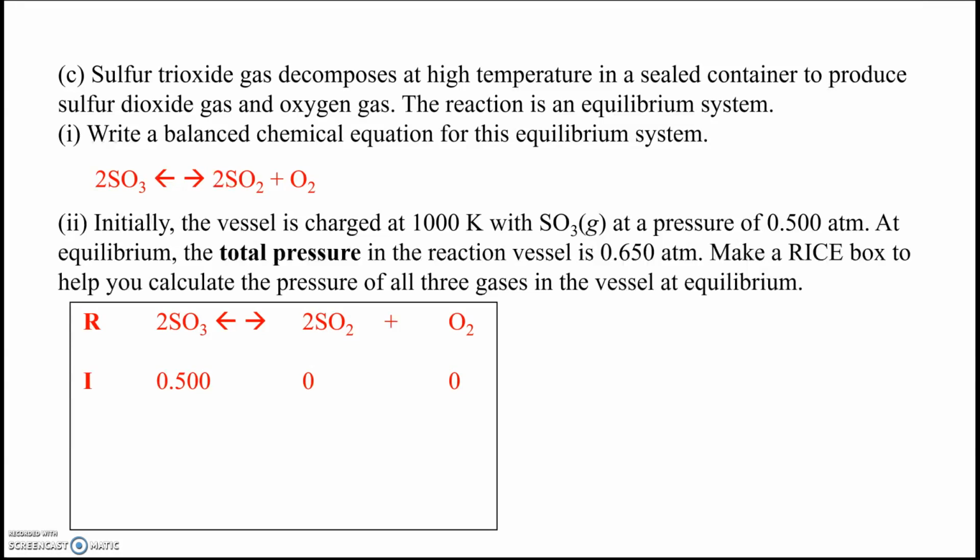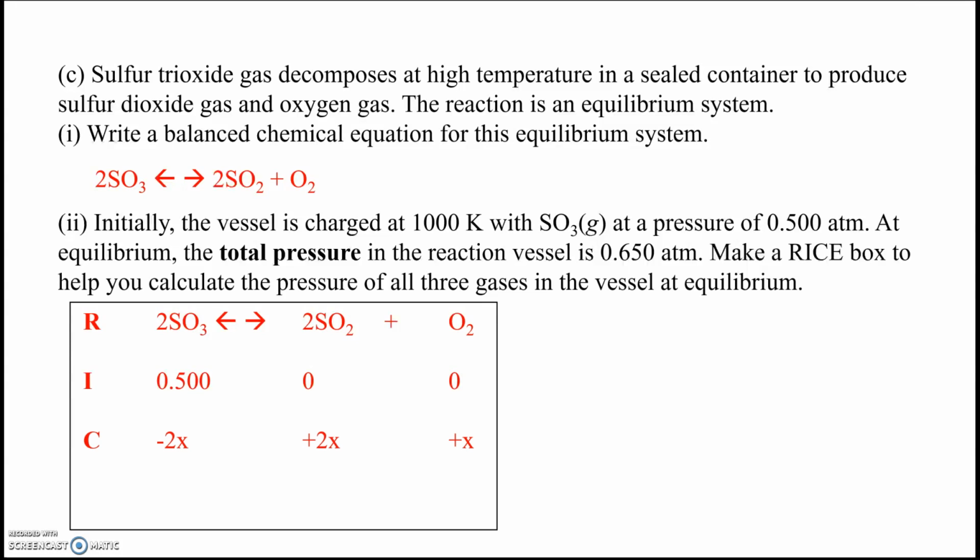The next thing we do is we write our initial concentration. So in this problem, we're told that our initial concentration is 0.5 atmospheres of sulfur trioxide, and we have nothing else. 0 sulfur dioxide, 0 oxygen.